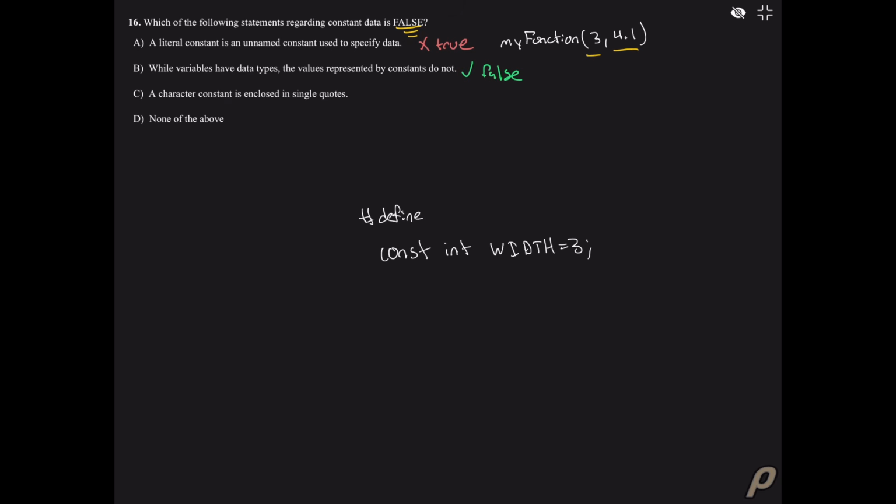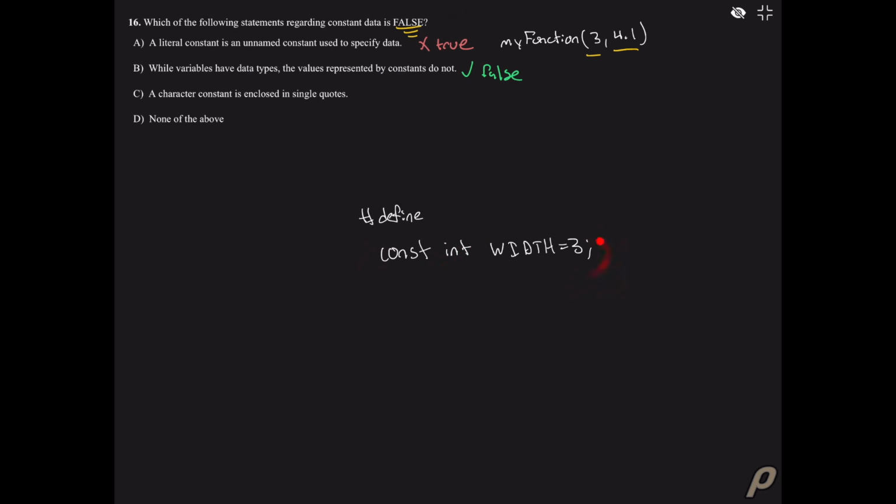So this does indeed carry a data type along with it. And if we were to use a literal constant, this technically would have a sort of data type, because if you were to do 2 integers, that would result in integer division. This is technically a float of some sort, even though you're not explicitly defining it as a float. So this does mean that constants do actually have data types.